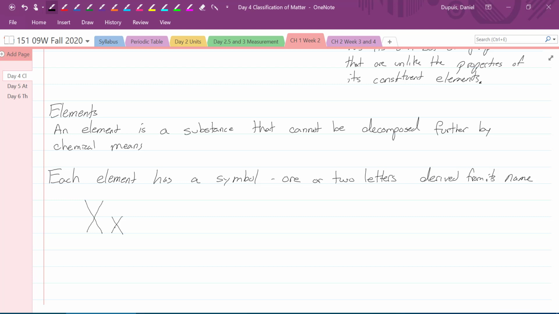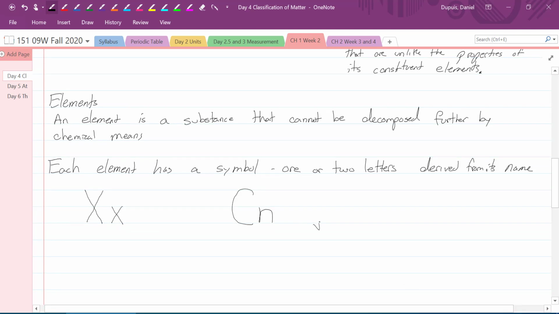And so, for example, I've seen Cn, which is a compound now, or I believe that's one of the new elements, versus CN.